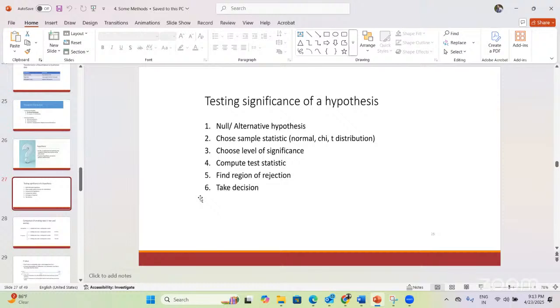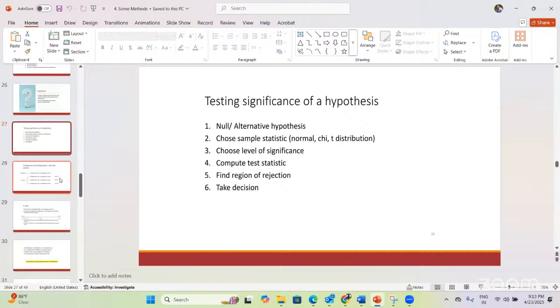Testing a hypothesis has various steps. At first, take the null hypothesis, then choose your statistical model based on your data, whether it will follow the normal distribution, or you will follow the chi-square distribution or t distribution for your analysis, and what level of significance you will follow.